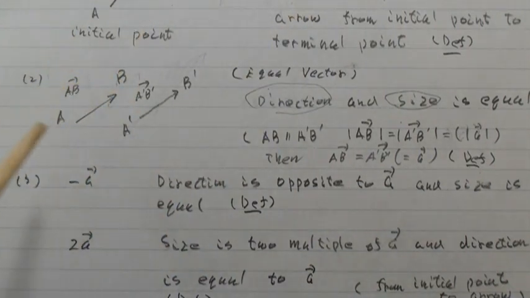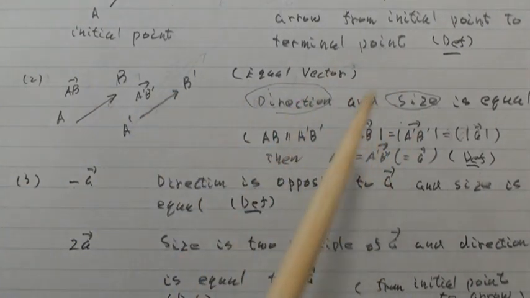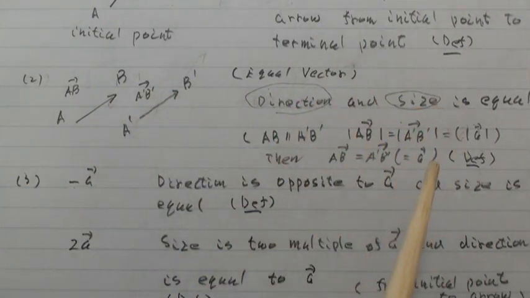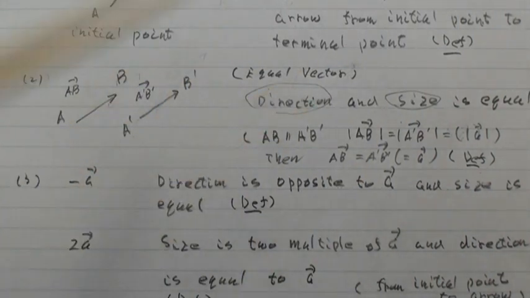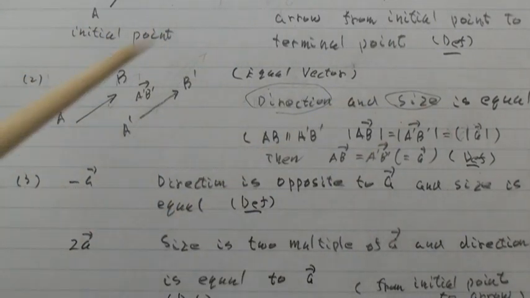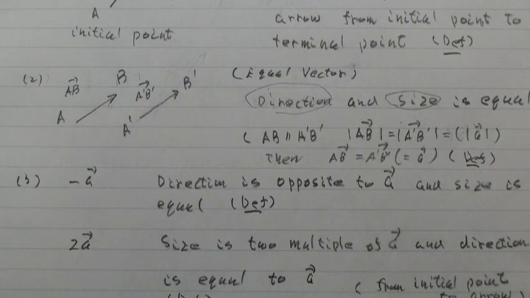Then AB vector equals A dash B dash vector, or a vector. This is the definition of equal vectors. The size and direction are equal to each other, then they are equal vectors.